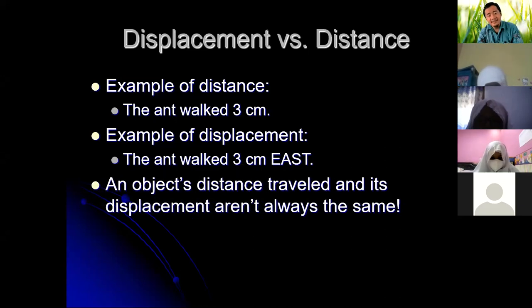An object's distance traveled and its displacement aren't always the same. Maybe the movement is the same, but if we define distance and displacement, it will be different.